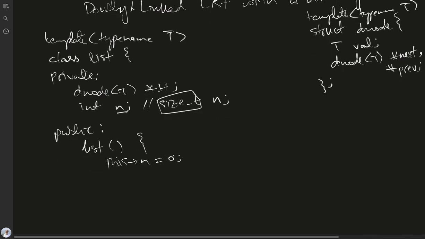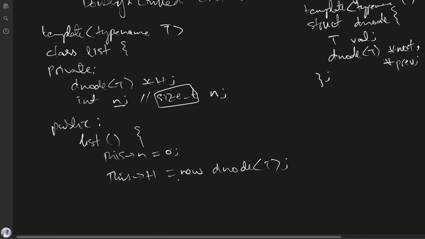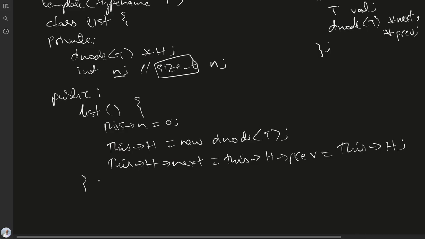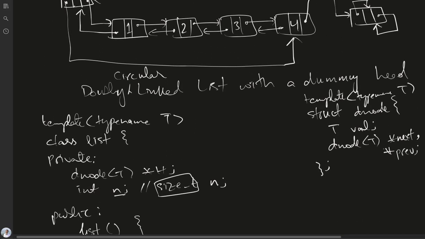Then we have to allocate memory for h, so this.h would be allocated new memory of type dnode, and we need to set its next and previous to itself, so this.h.next would be equal to this.h.previous, which would be equal to this.h, right? So this would be the constructor.